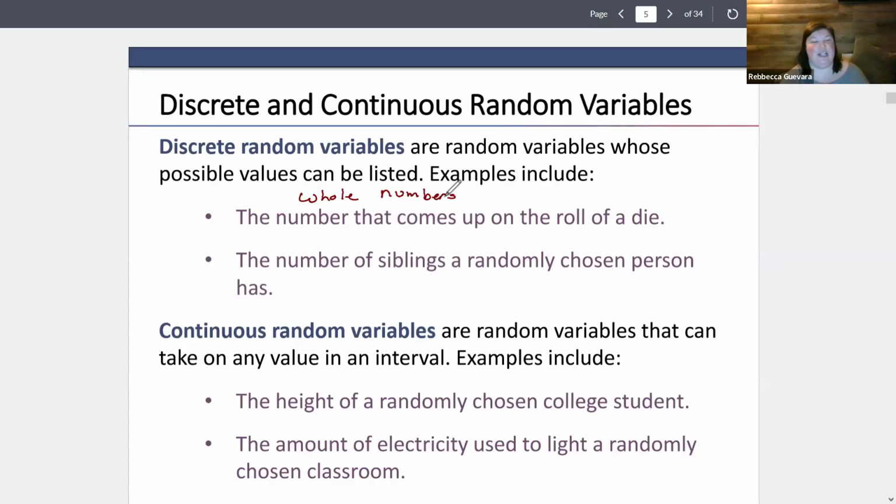It might require 60 watts to light that room, but it may require 60.2 in another classroom. So this was the case when it was continuous. This is when we were dealing with decimals. We can have somebody who is 72.3 inches tall, or we can use 60.8 watts.